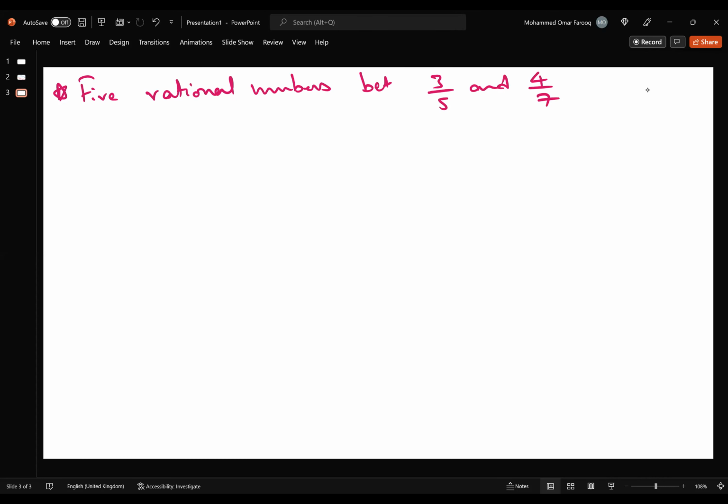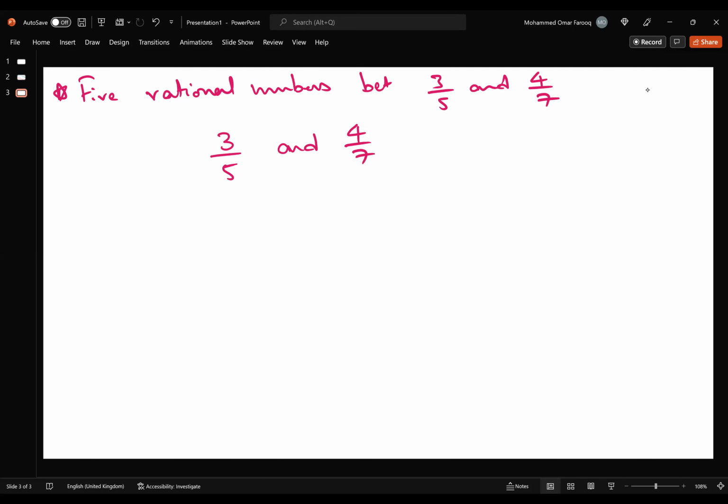This is a grade 8 concept. First, you are supposed to make the denominators equal by taking the LCM. 5 and 7 are prime numbers, so the LCM is 35.